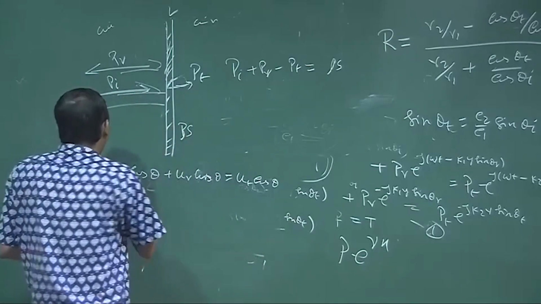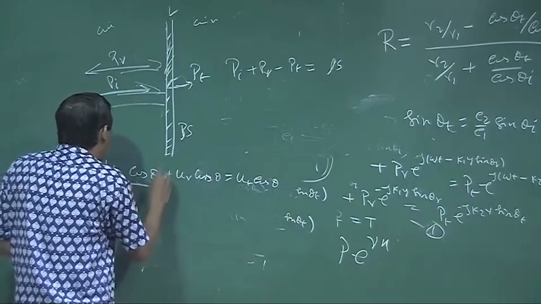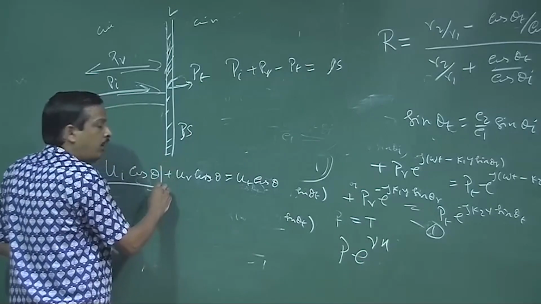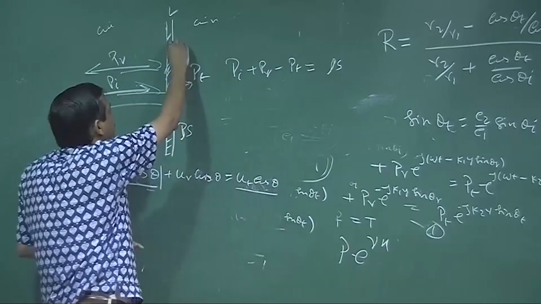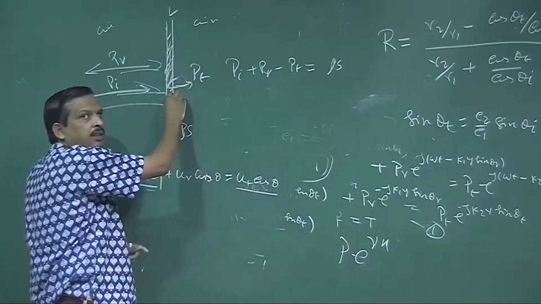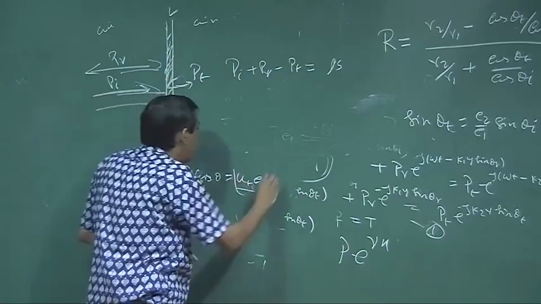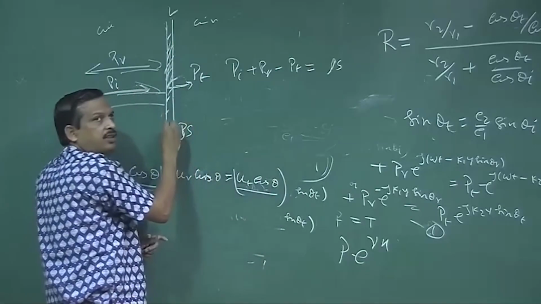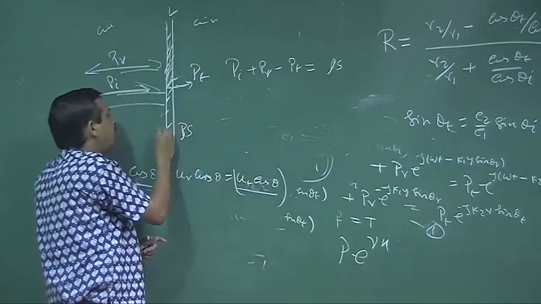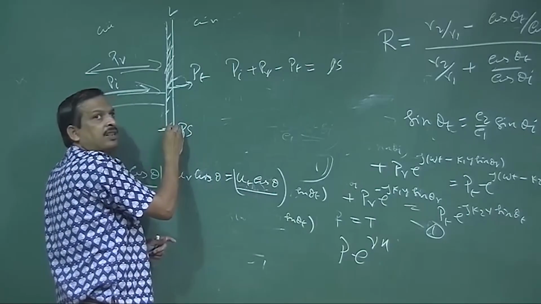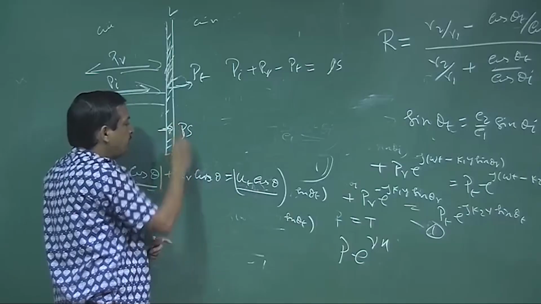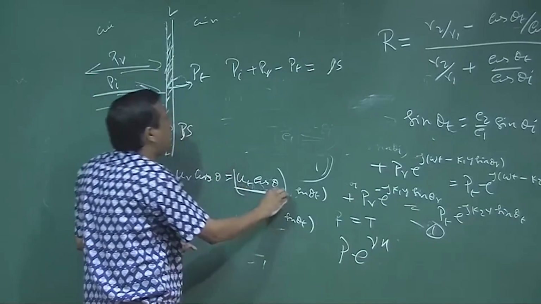The velocity of the transmitted wave is ut cos theta. So the particle velocity inside this thin layer is ut cos theta.